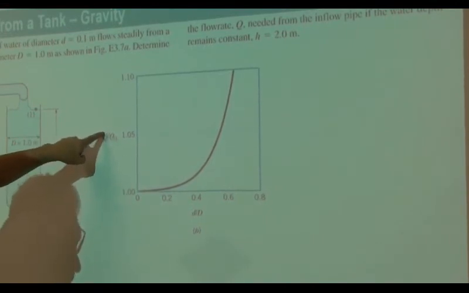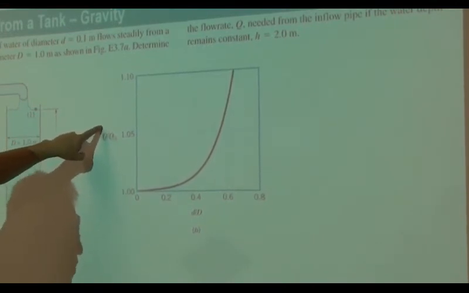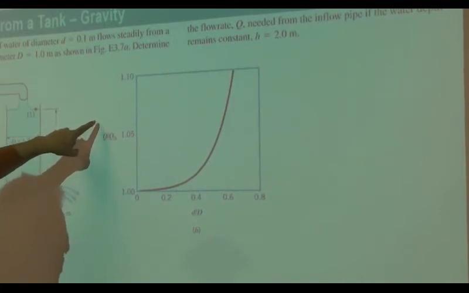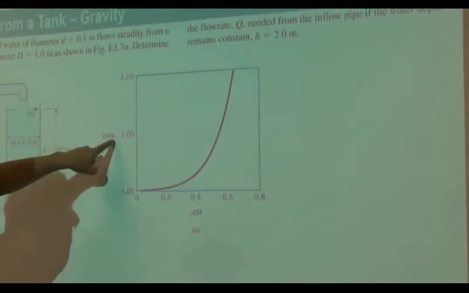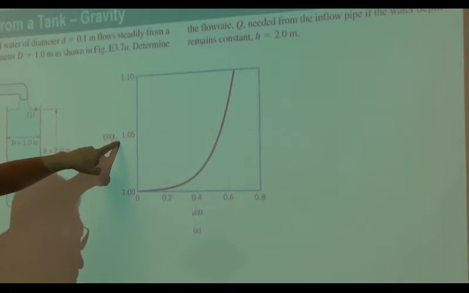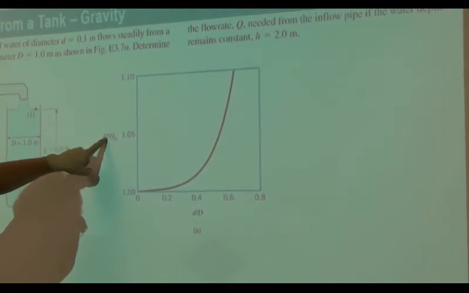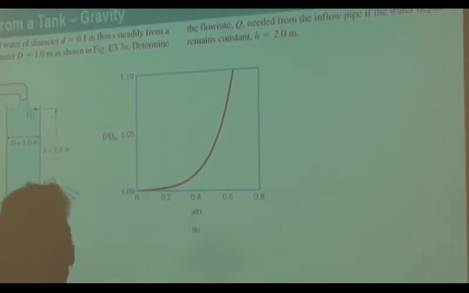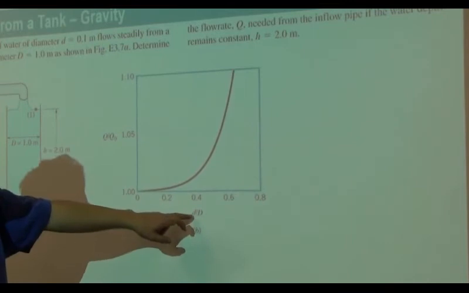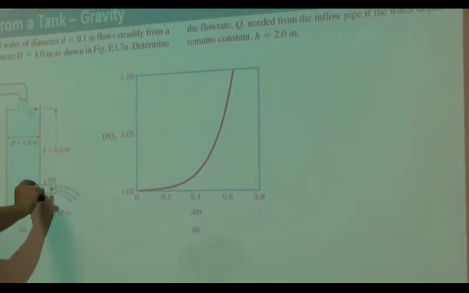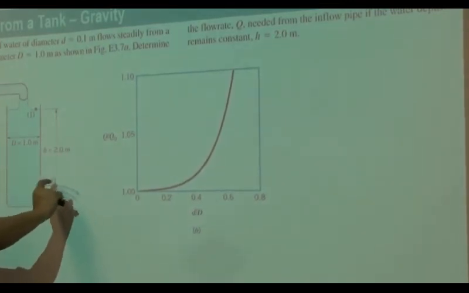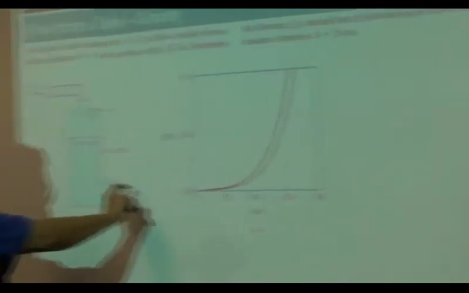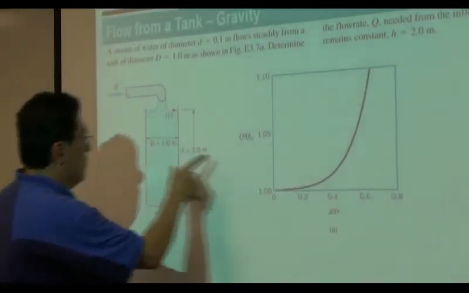Q is the flow rate based on the first solution, where I don't assume a large tank. Q0 is the flow rate solution by the assumption of a large tank. If you take a ratio, Q over Q0, okay? And this is a ratio of the diameter of the outgoing flow to this diameter.